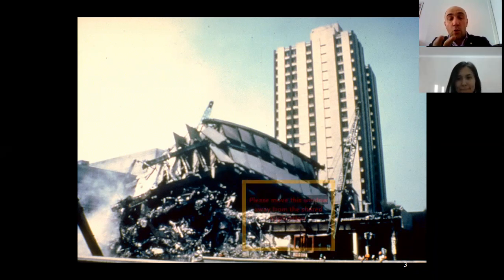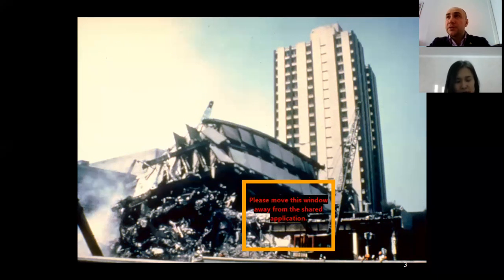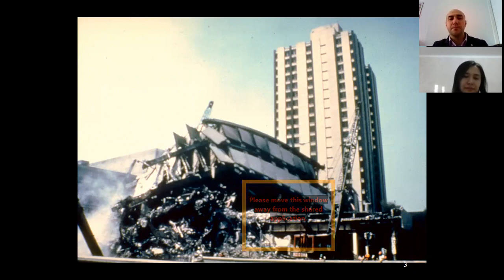The complex of buildings consists of five steel buildings. There were three 21-story buildings and two 14-story buildings. One of the 21-story buildings completely collapsed, as you see on the picture.